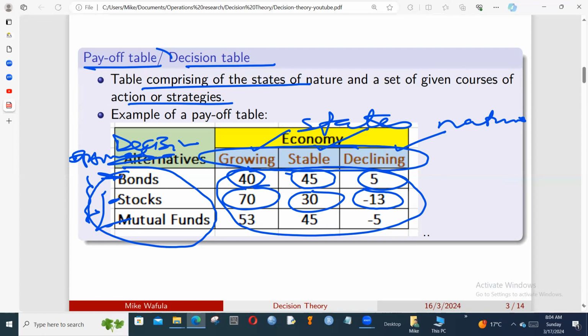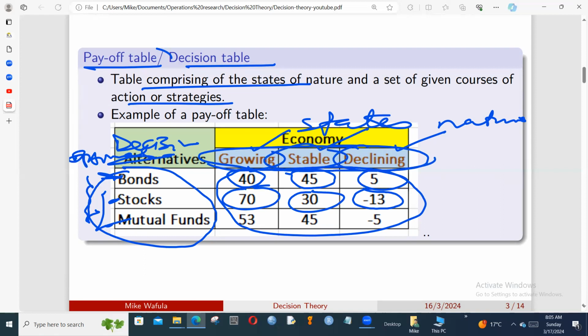And of course, we are going to be looking at this in the context of uncertainty and in the context of risks. The difference is that under conditions of uncertainty, we are looking at an environment where we do not have any prior probabilities of the likelihood of these states of nature appearing.